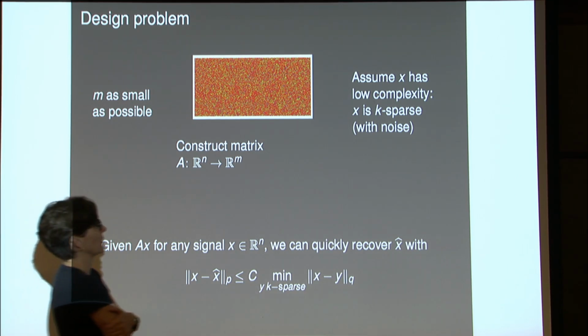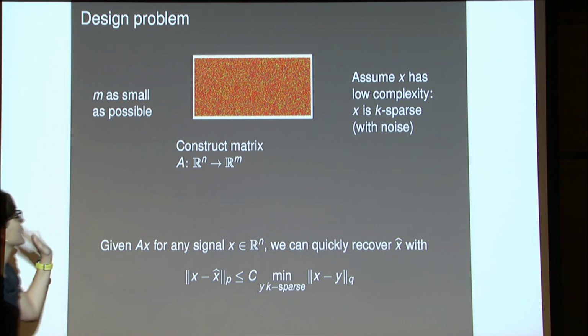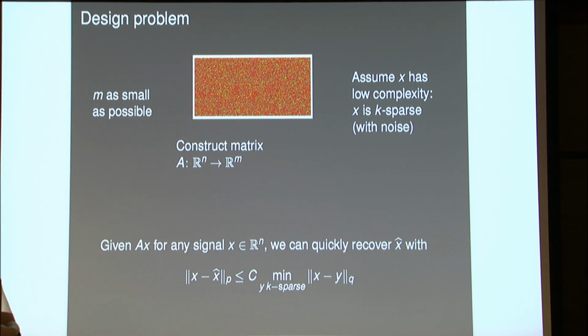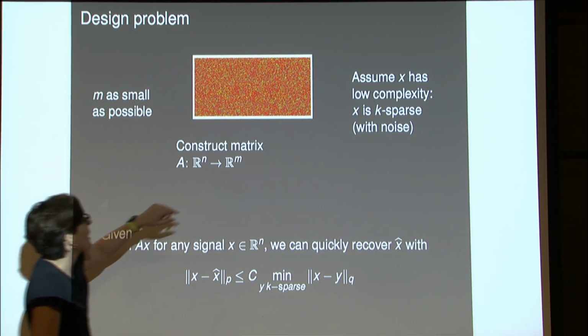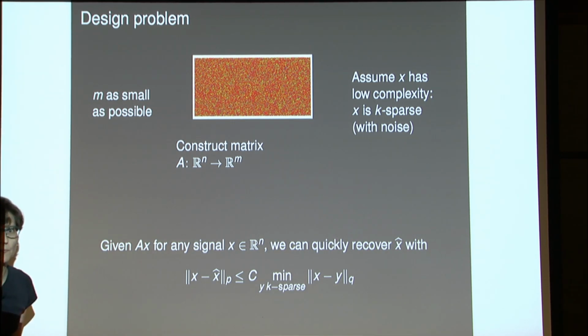Assume that the vector that you're trying to measure is k-sparse. It has low complexity. And you want to construct or design or build a matrix A that has m rows and n columns, m as small as possible. Remember the rough back of the envelope calculation, k log n, actually k log n over k.